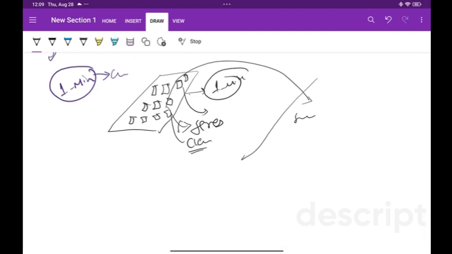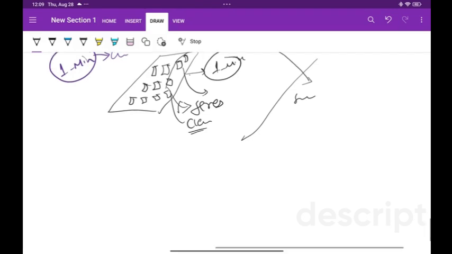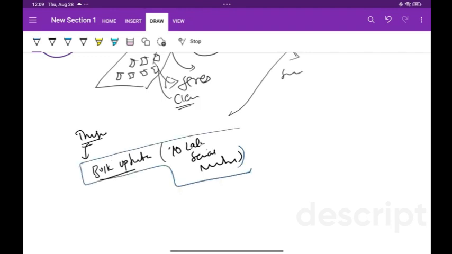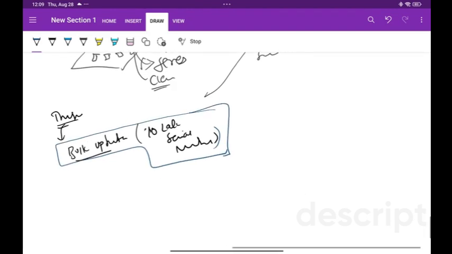Okay, let us take the scenario. Any transaction is happening. Let us take a bulk update: we are updating 10 lakh serial numbers in a bulk update transaction.